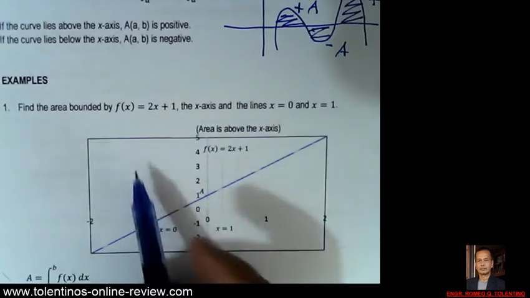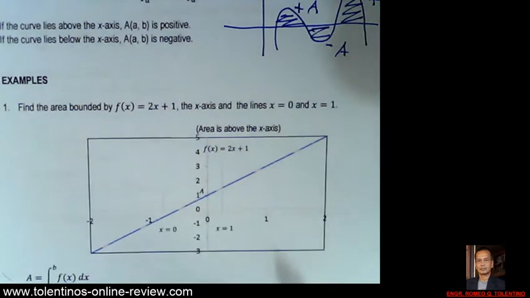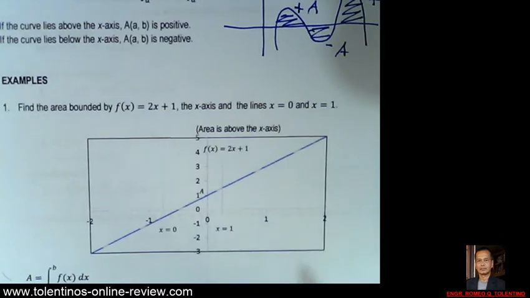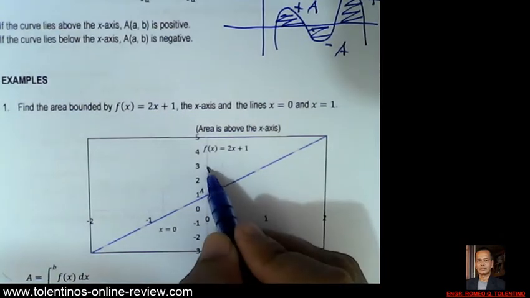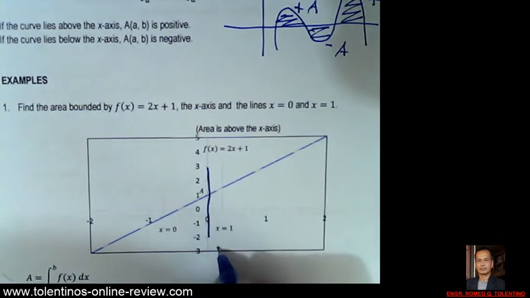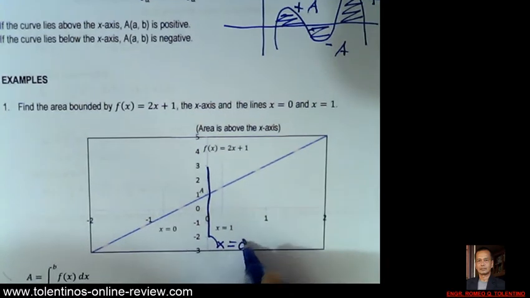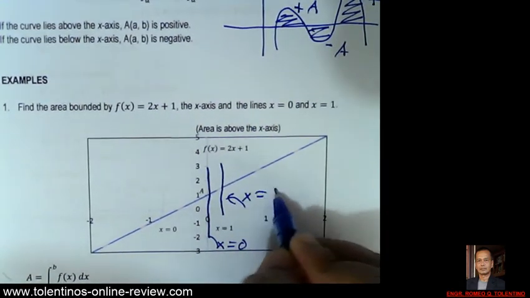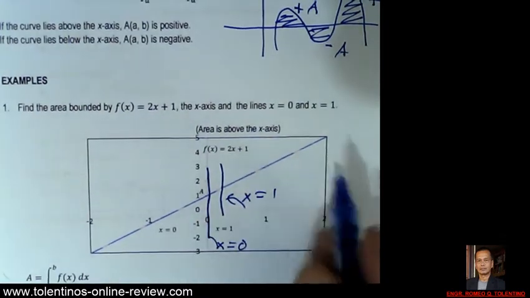Now look at this. Find the area bounded by f of x is 2x plus 1, the x-axis, and the lines x is 0 and x is 1. That is your x is 0, and your x is 1 is here. And how do you plot the curve?